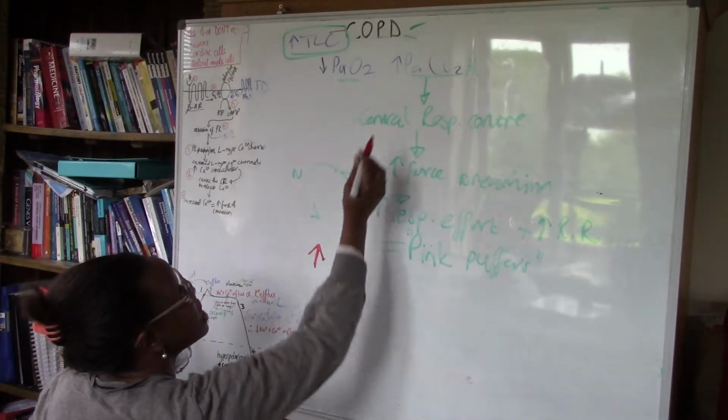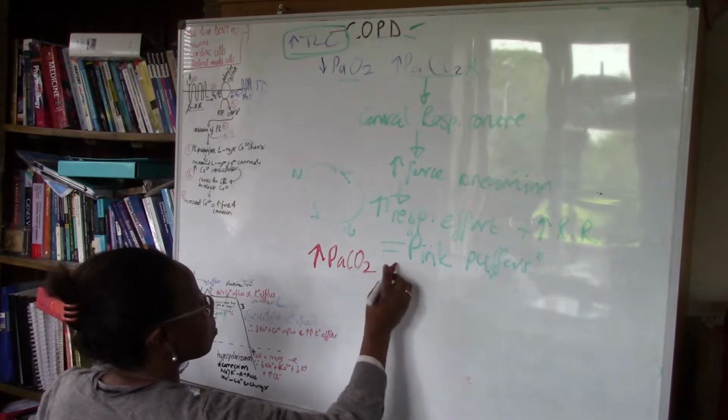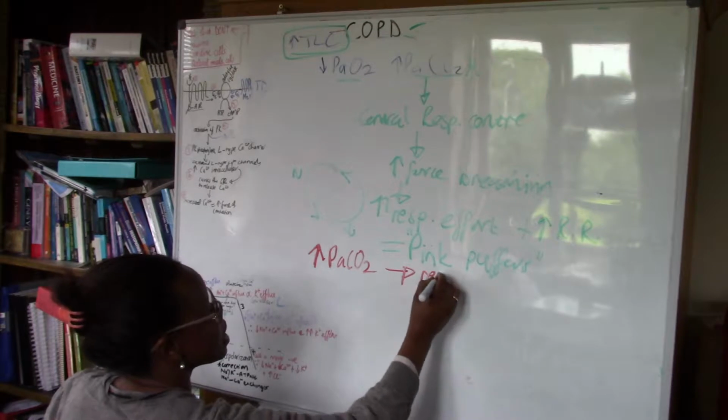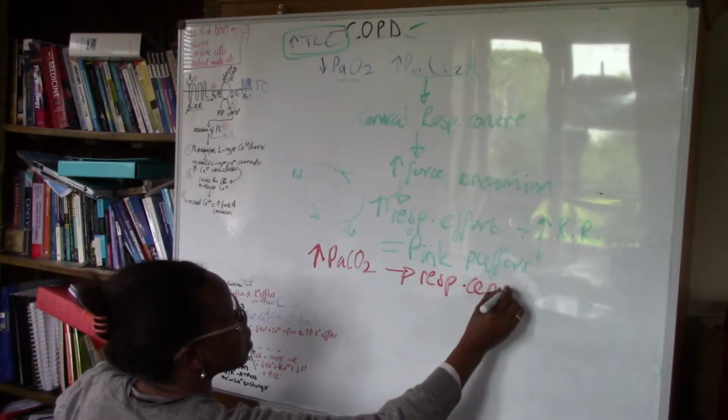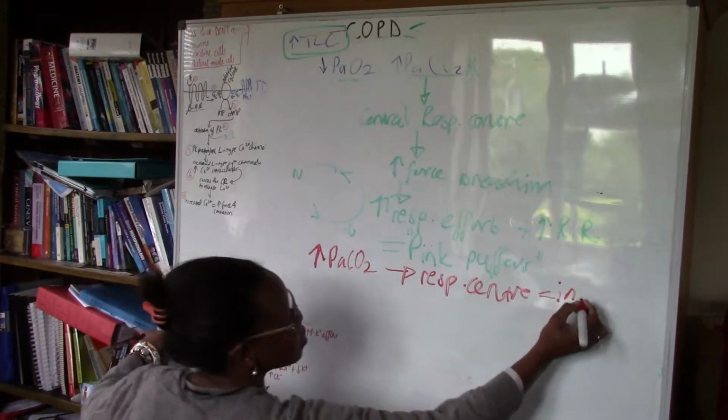However, if this fails, if that sustained carbon dioxide goes on and on and on, what happens is that the respiratory center becomes insensitive to hypercapnia.